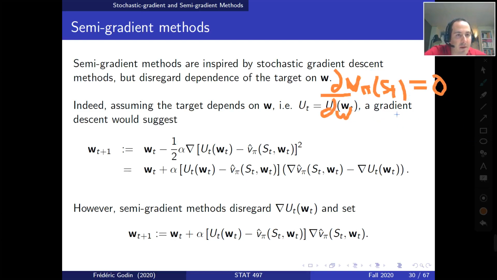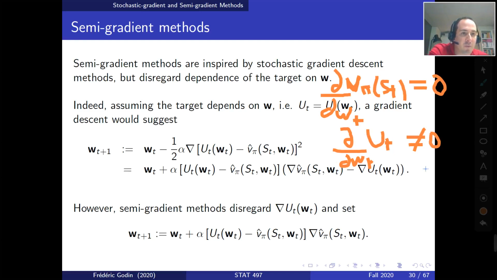However, in subsequent versions of the algorithm, we said we're going to replace this v_pi by U_t, and now the derivative with respect to the parameters of U_t might not be 0. If U_t is the return itself, then this would be 0, but if U_t, as in the previous slide, is a target that depends on the approximated value function, then this might be different from 0.